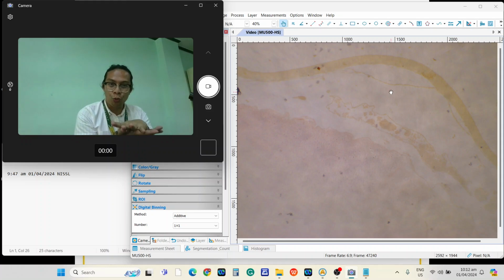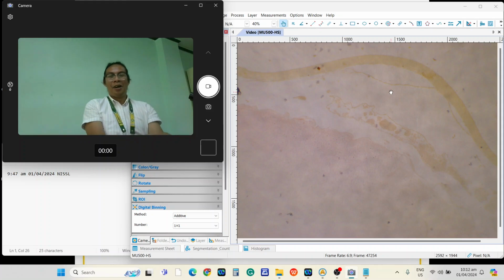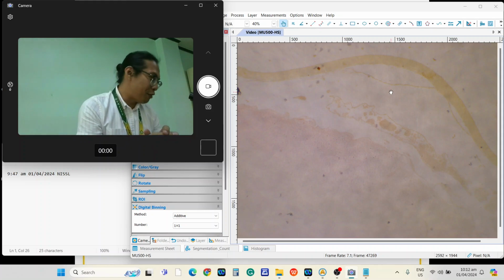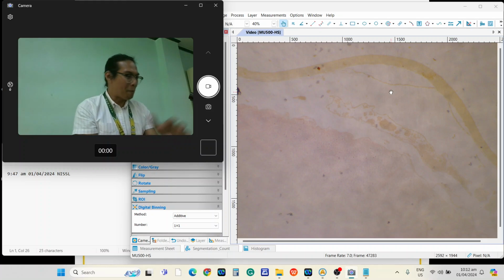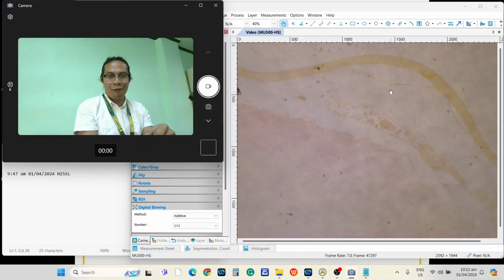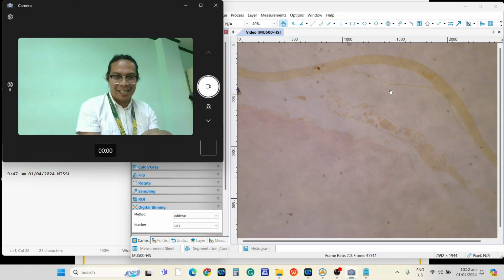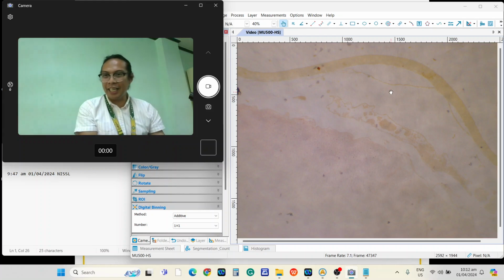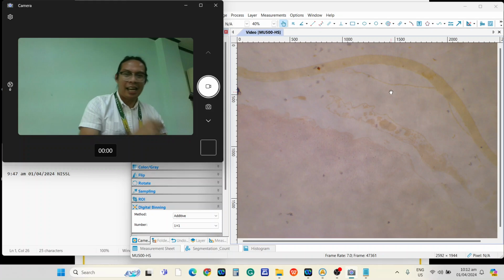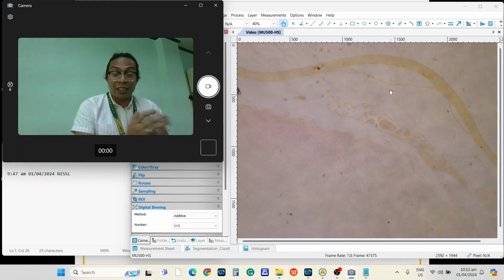Kaya natutunaw, nawawala ang kulay. Ito, relatively bago-bago pa tong slide na to, pero dahil may basag na siya doon sa may cover slip, nag-leak out na ang kulay. Okay, balik na tayo dito. Kaya ingat sa slides. Again, I cannot stress this enough.